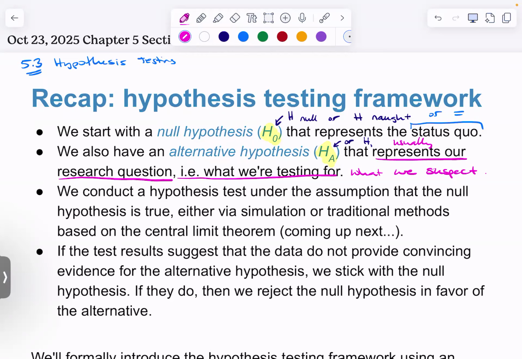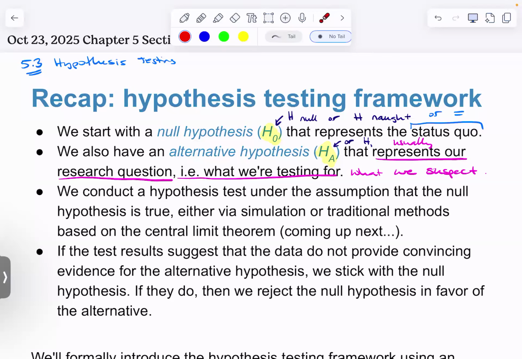And so often you suspect that you have this alternative hypothesis, but before you can say, okay, I've found evidence and my alternative hypothesis feels reasonable, you need to say, let's assume that my alternative hypothesis is wrong.